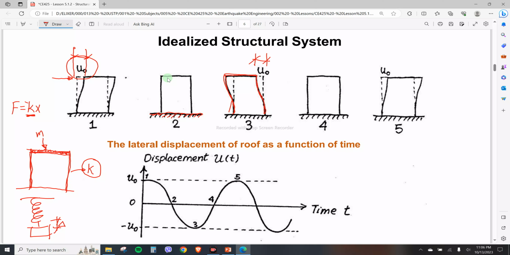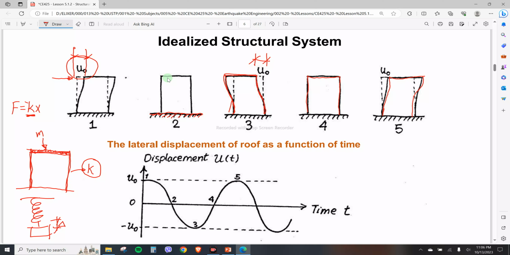Then the lateral stiffness will return it to its natural or neutral position this time, shown here in time 4. But since there is no resistance, it overshoots the original position and swings again. And this event will happen perpetually, forever and ever.